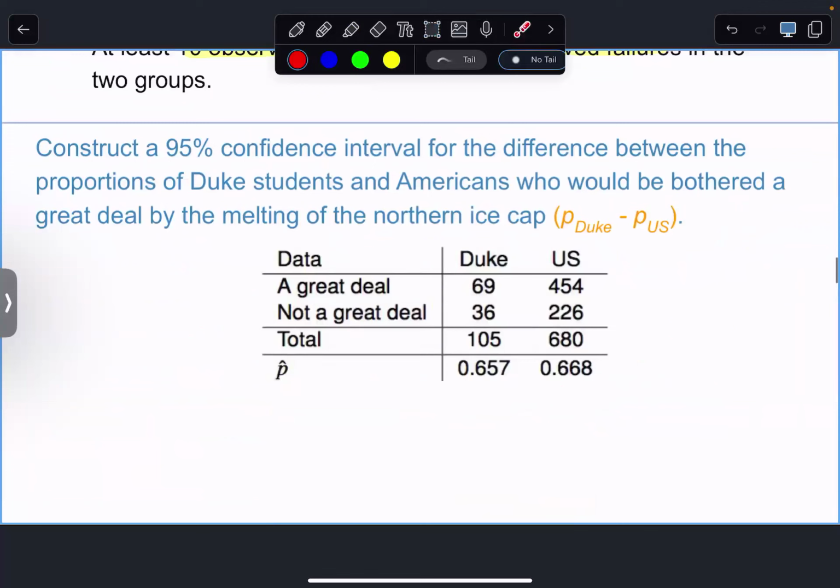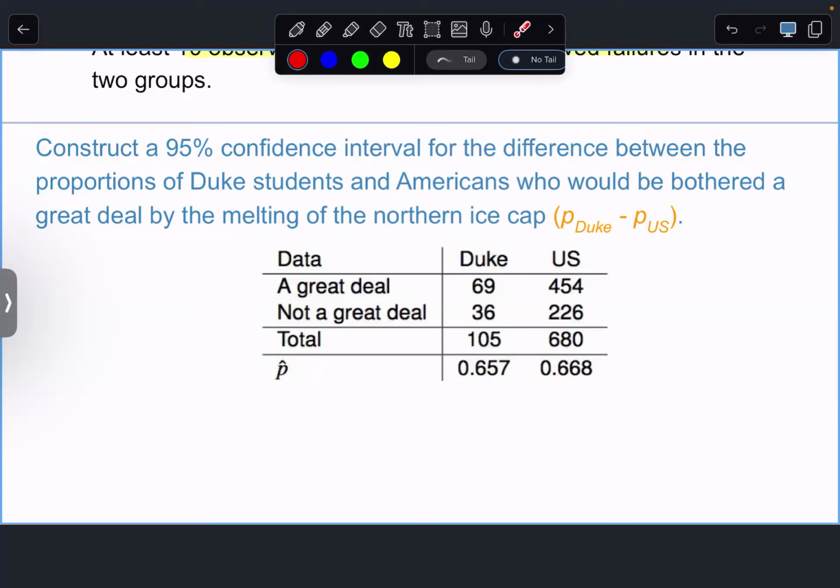A confidence interval is really nice because the question is going to say, construct a some percentage confidence interval, so it just pushes you into it. There's no way of misinterpreting that. It's harder with a hypothesis test, where it usually says something like, is there evidence that this happened? With a confidence interval, it just is what it is.